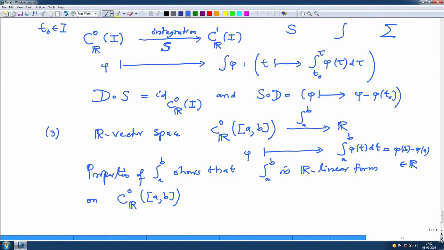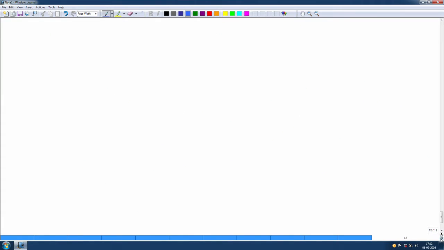Now let me take up another very important example, which is the heart of this course. So another example is what is called a linear system of equations.